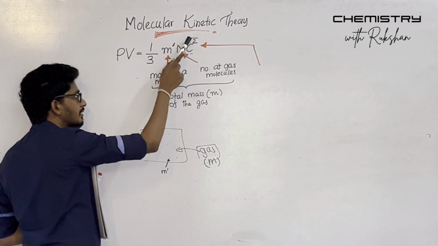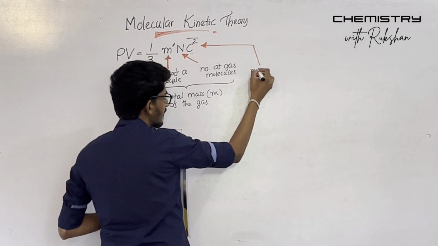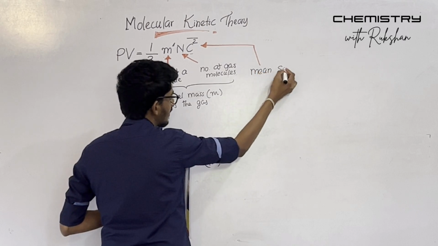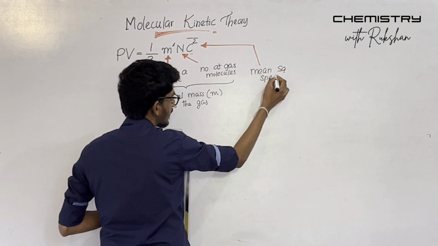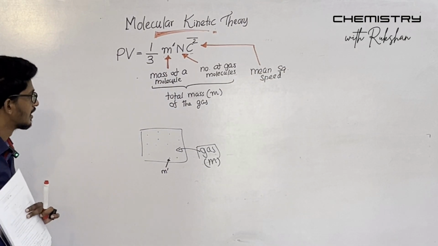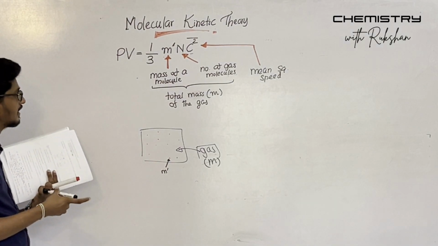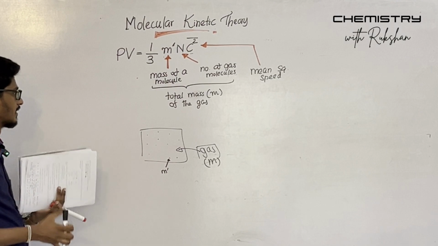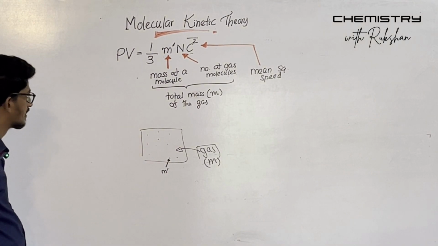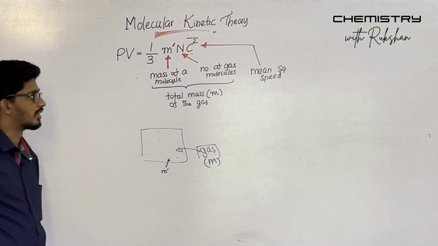Mean square speed, some special kind of speed, right? We'll discuss what that means. So this is the molecular kinetic equation: P is equal to 1/3 of m' N c squared bar, right?